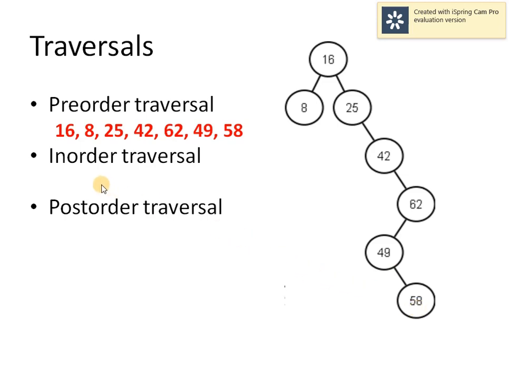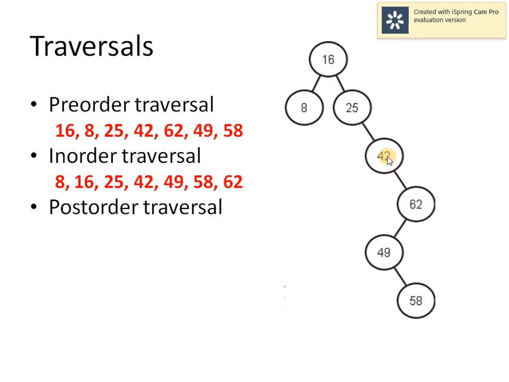In order, that means left, parent, followed by right. So we have left 8, parent is 16, then we have to visit right. So 25, left is null, so 25 will be visited. We will reach 42, left is null, so 42 can be visited.